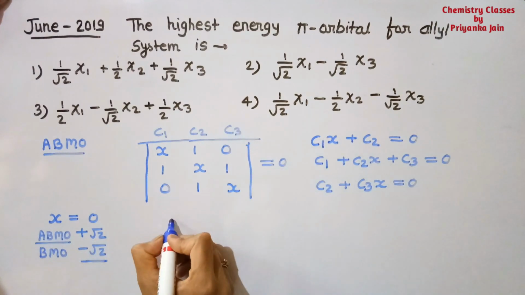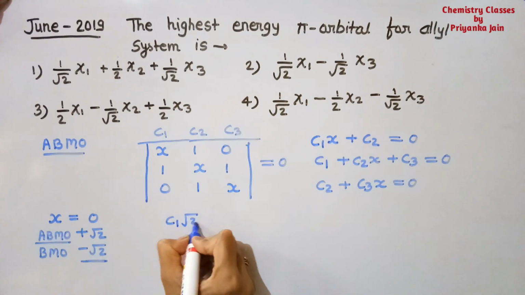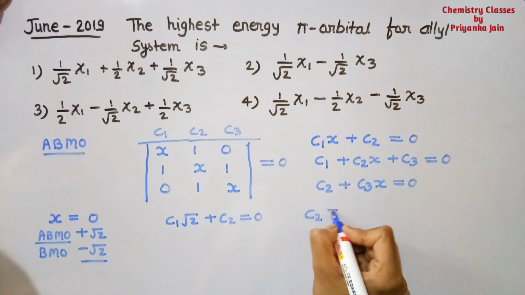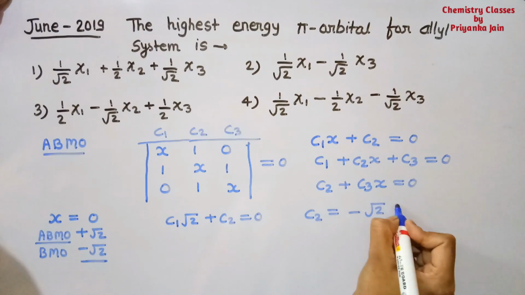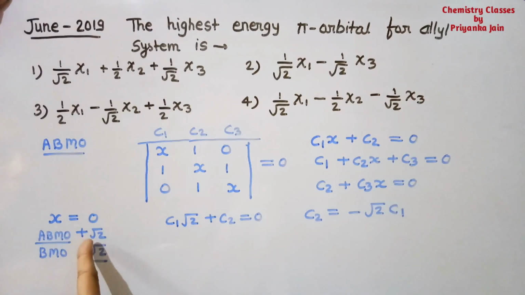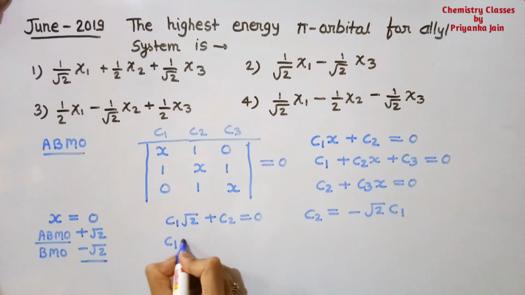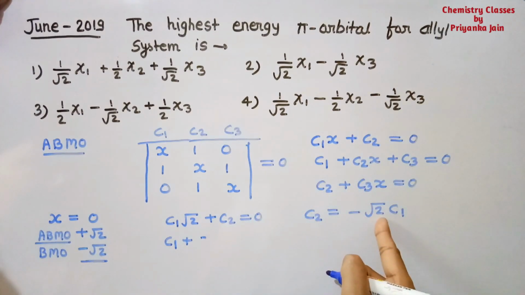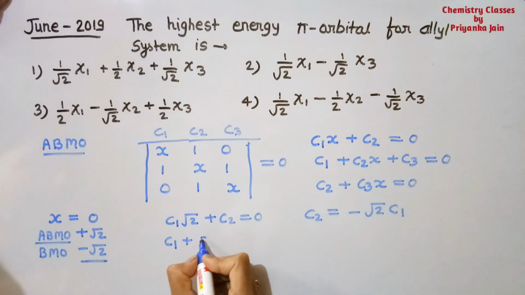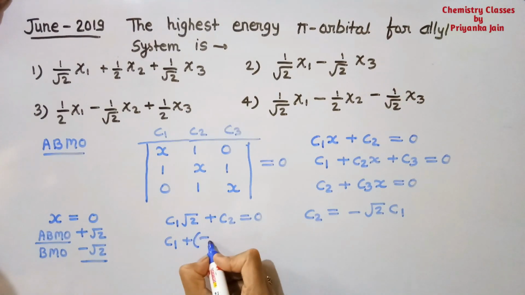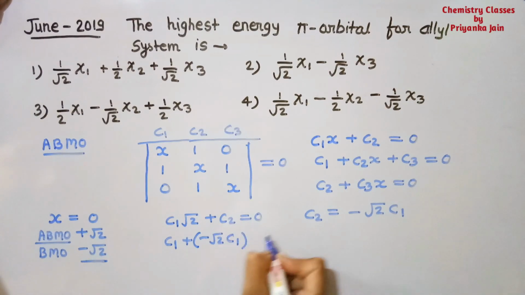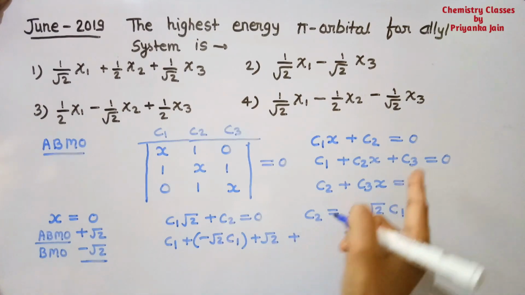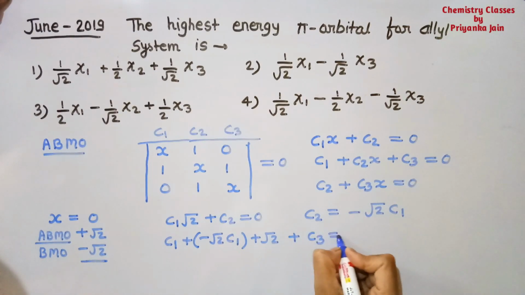So put here, we will get C1 root 2 plus C2 is equal to 0. So now C2 will be equal to minus root 2 C1, right? Now put this value in this equation, so we are getting C1 plus, C2's value is minus root 2 C1, then its value is plus root 2, plus C3 will be equal to 0.